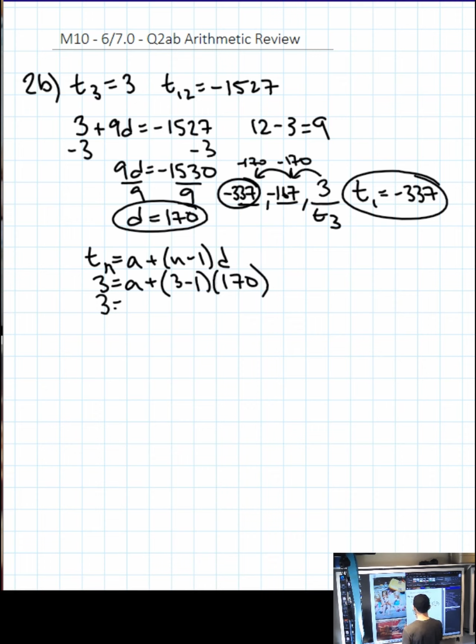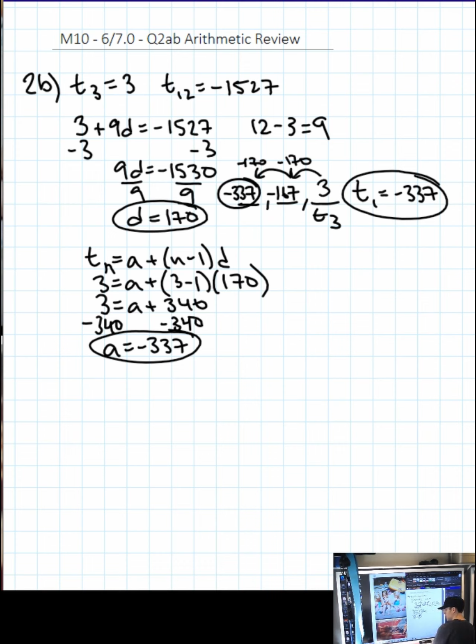Clean it up: 3 equals a plus, 3 minus 1 is 2, 2 times 170 is equal to 340. And if we minus 340 from both sides and mirror the equation, a equals negative 337, as we got with the blanks using logic.